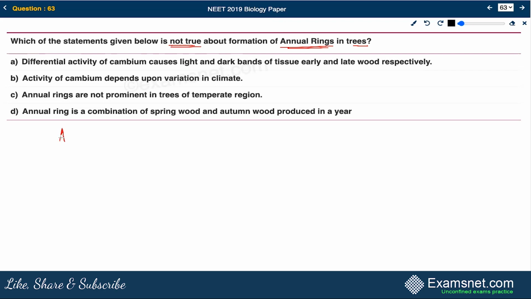So basically, annual rings, also called growth rings, give an estimate of the age of a tree.